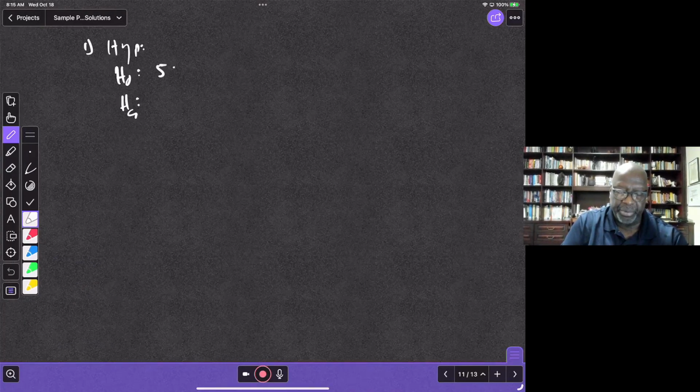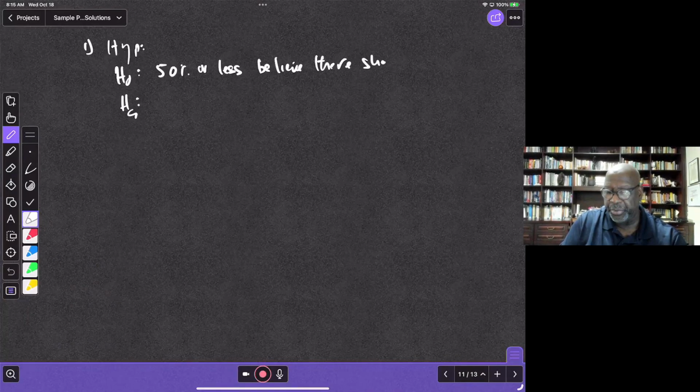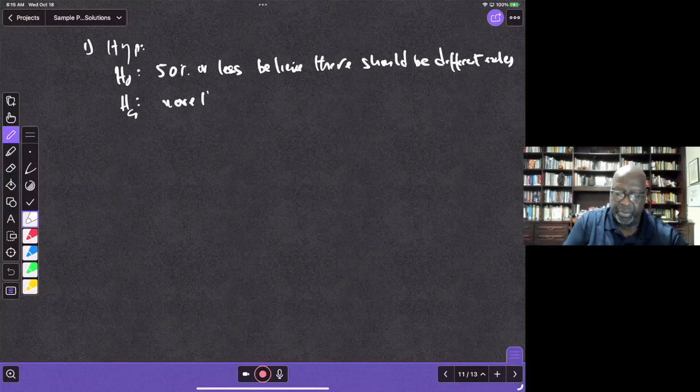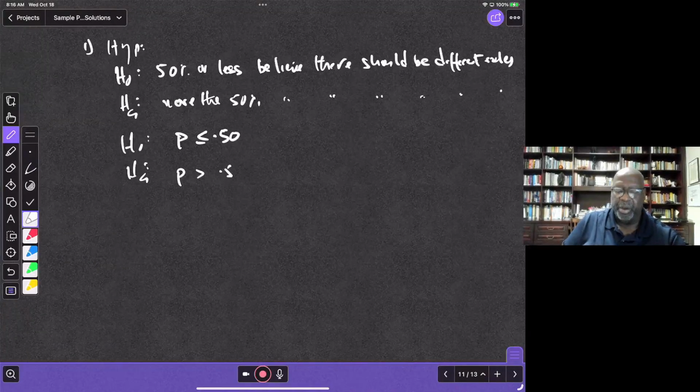So H0: 50% or less believe there should be different rules, and HA: more than 50% believe there should be different rules. So 50% or less means that the proportion will be less than or equal to 0.5, and greater than 0.5 for the alternative. Folks, don't make this mistake.